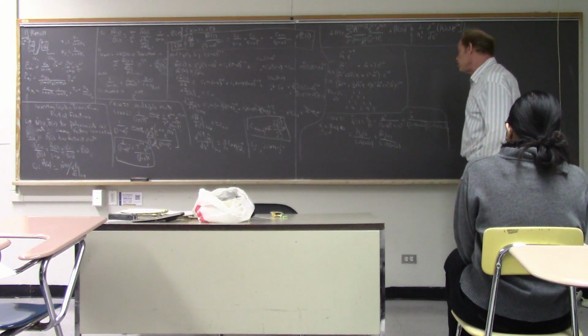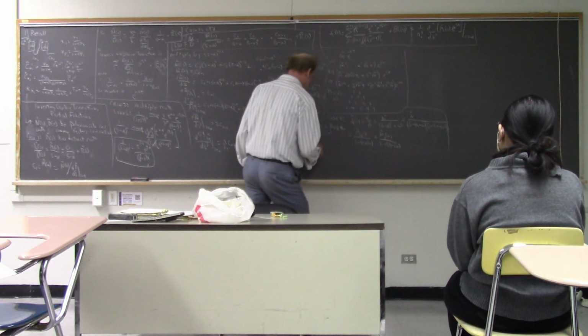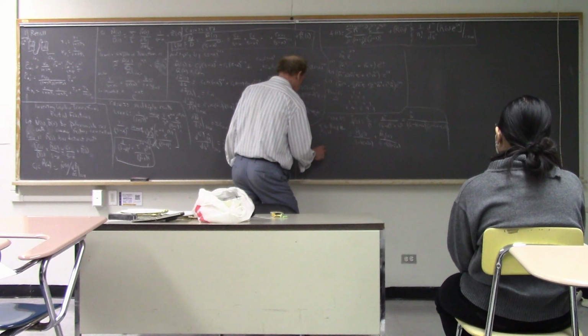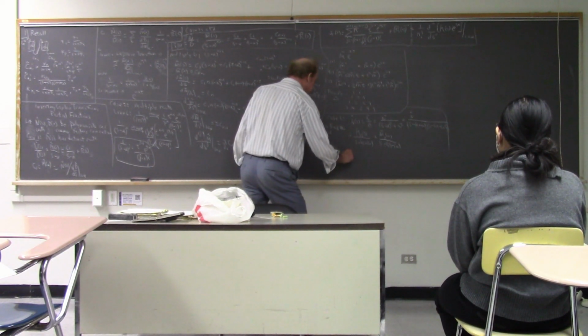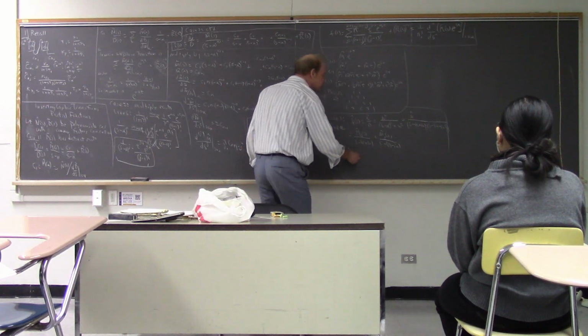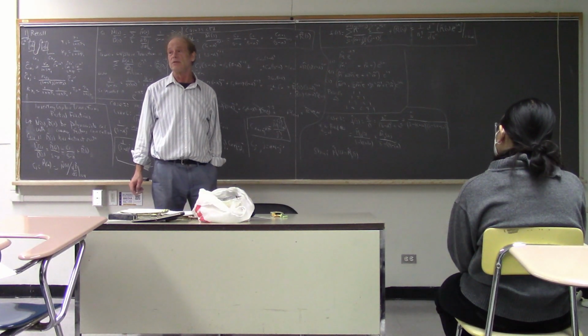And now I want to prove to you that m1 tilde of s is equal to m2 tilde of s, that those are the same function. But that's not obvious.